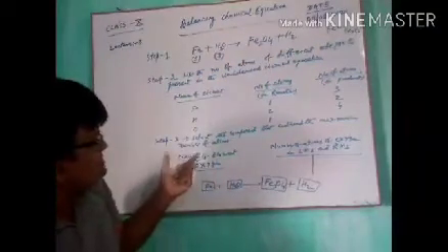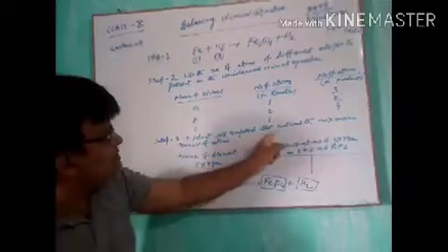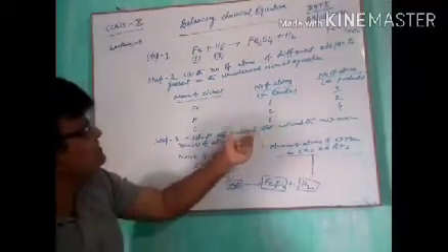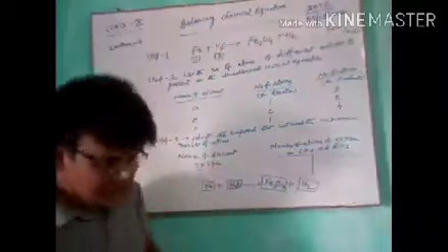After selecting the compound in step 3, our compound is Fe3O4.